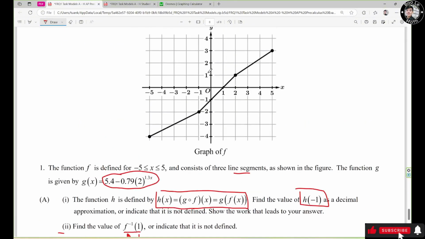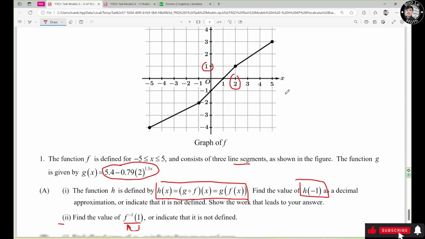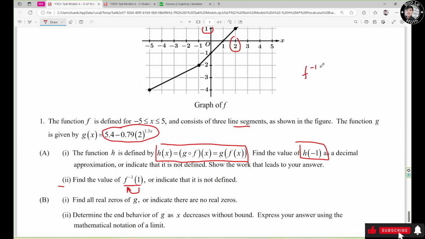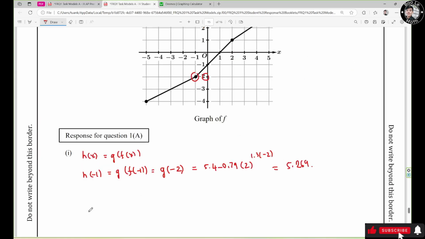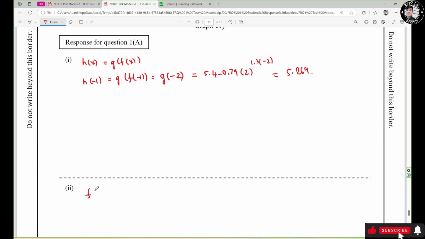The value should be right here. So you have f inverse of 1 equals 2. You need to write over here f inverse of 1 equals 2 because f of 2 equals 1.